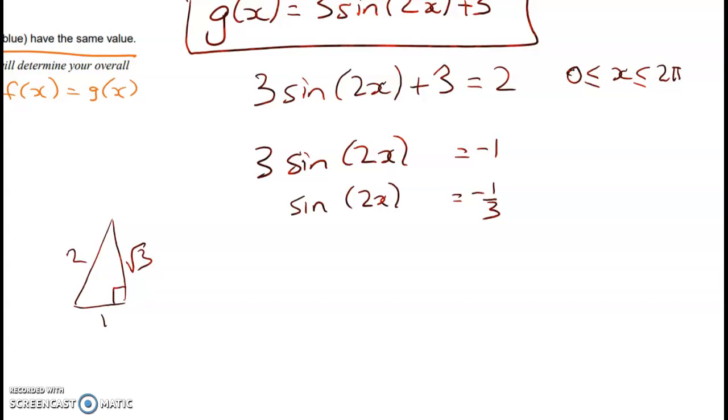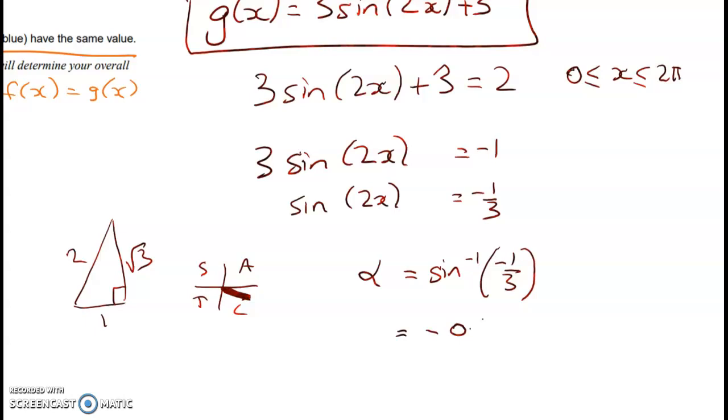So I need to grab my graphics calculator, and I'm going to find the angle whose sine is negative 1/3. And just thinking about where that's coming from, a negative sine value is going to give me an angle down here in this quadrant. And the angle will be negative 0.33984.